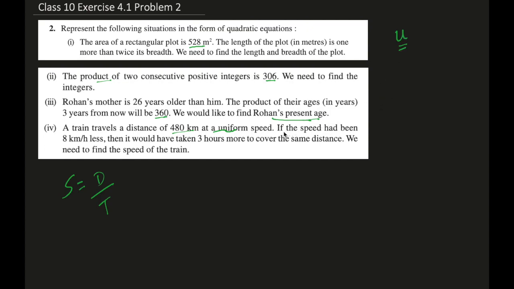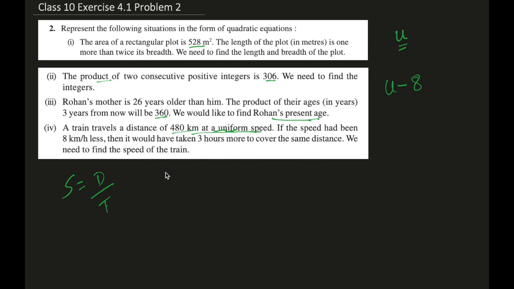Now we are given that if the speed had been 8 km per hour less, that is, the speed would have been u minus 8, then it would have taken 3 hours more. First we will take this portion.